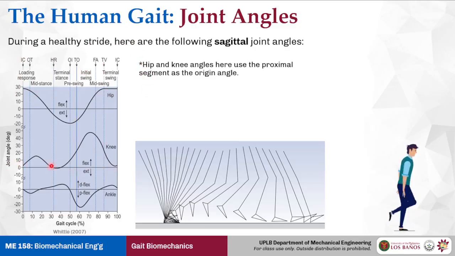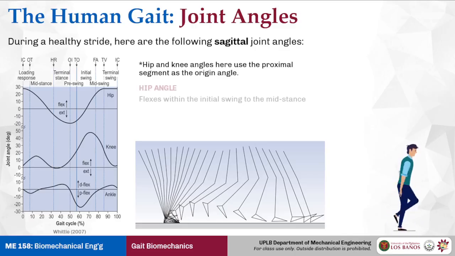You can imagine, what's the angle of the hip at toe off? And you can also see what your knee and your foot are doing. What's so special about these curves? These are the angle functions of a healthy walking gait. So what are the markers?